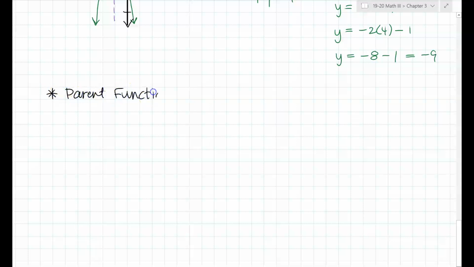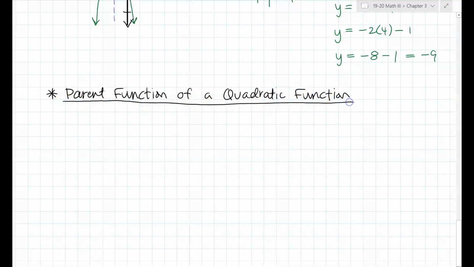So the parent function of a quadratic function is going to be y equal to x squared. That's without any movement, okay? It doesn't move left, it doesn't move right, it doesn't get thinner or wider or anything like that. It's just the way it is.